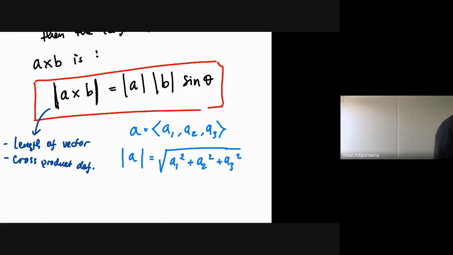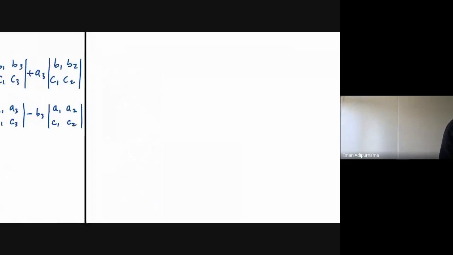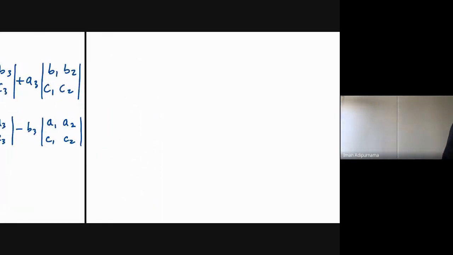Now, we will do the exact same way with A cross B. I will go to the next page to start the equations. So let's write the A cross B.